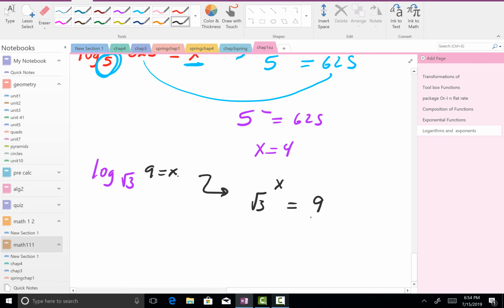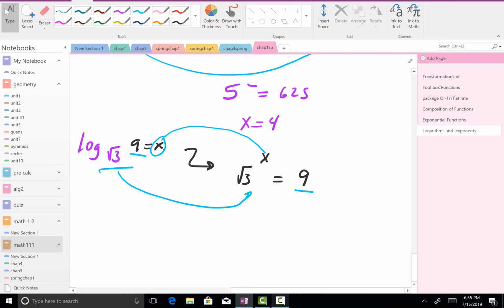So my base goes here. Output becomes input, and there's my 9. So we've got to get this square root of 3 so I can work with it a little bit. I notice that both of these have 9s, or 3s, so I can write 9 as 3 to the second.